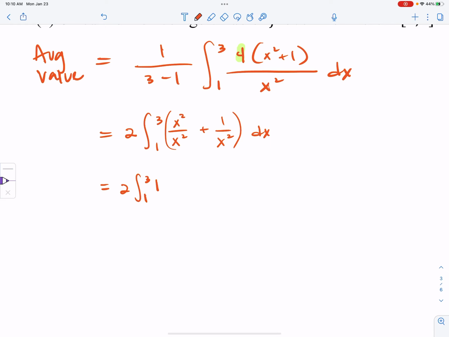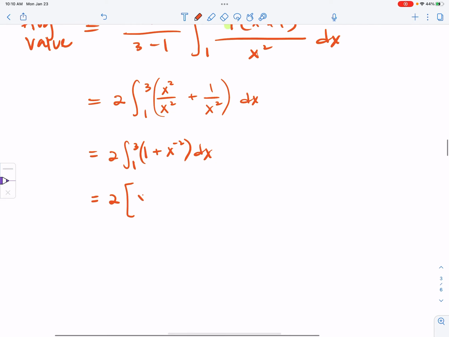So we have to rewrite in order to use power rule for integration. So that becomes 1 plus x to the negative second power. The 2 is going to hang out here, and now I'm going to integrate. So when I integrate 1, that's x, and then that'll become minus 1 over x, because that would be negative 1 times x to the negative first.